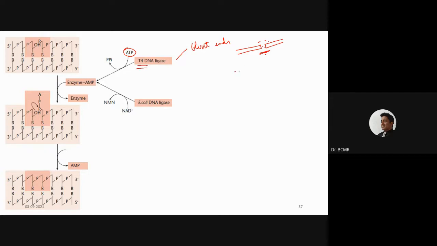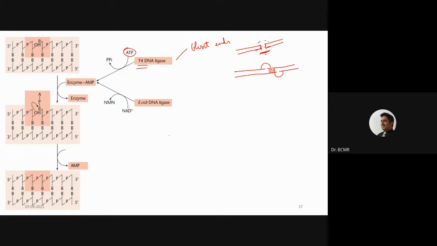There is no force acting to put these two DNA molecules together. If you had sticky ends, then you would at least have hydrogen bonds between the two, and the DNA ligase could act upon it, so the reaction is easier. But with blunt ends, there is nothing to keep these two DNA molecules together, so it falls on the DNA ligase to do that.